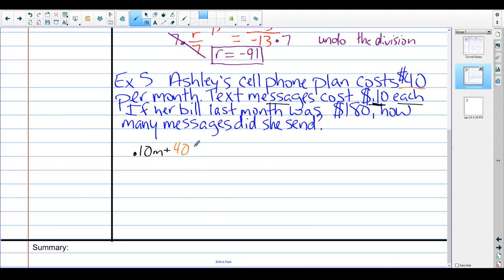So no matter how many messages she sends, she has to pay this $40. Okay? And that's equal to how much she had to pay, which was $180. There's our equation. And then we just want to know how many messages did she send. So first step, same as before, we're going to undo the addition.